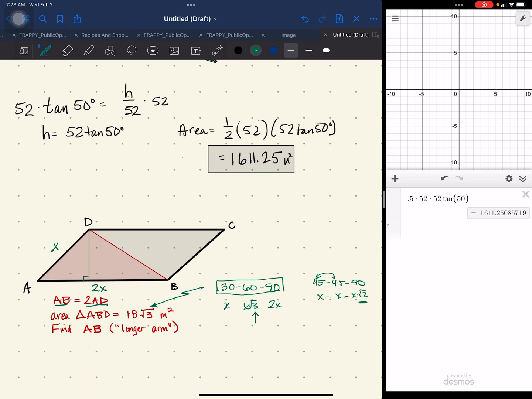Let's see. If I take this triangle ABD and I say, well, if it's 2x across from this big angle D and x across from the x, that must mean that this guy is 30, this guy is 60. So then, well, geez, that would make this 30 and this 60, and I could just keep going with this, but the idea being that if I'm trying to find the length of AB, I've got to somehow come up with a relationship between the area and this 18 square root of 3.